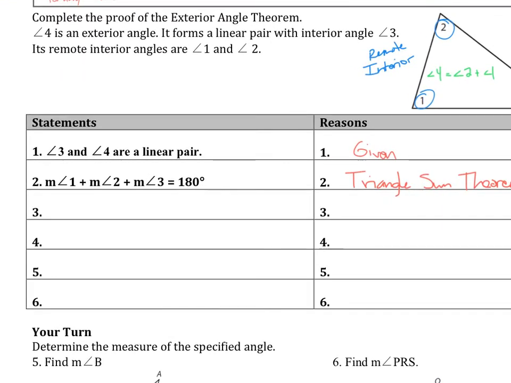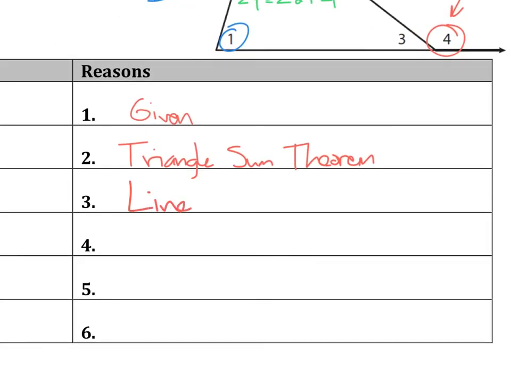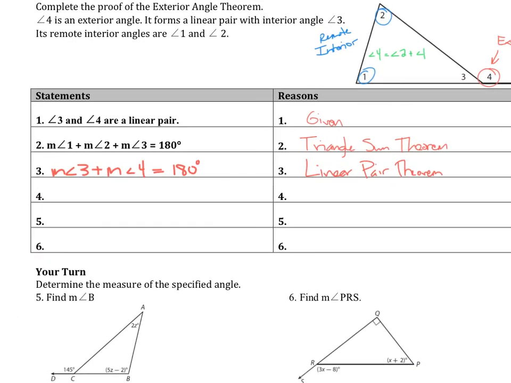Well, if we know that 3 and 4 are a linear pair, that means we can also say that the measure of angle 3 plus the measure of angle 4 has to equal 180, and that is by your linear pair theorem. And since they both equal 180, that means they both have to equal each other.